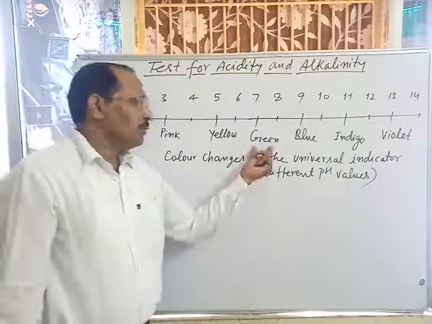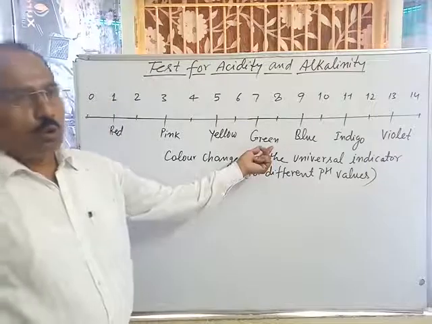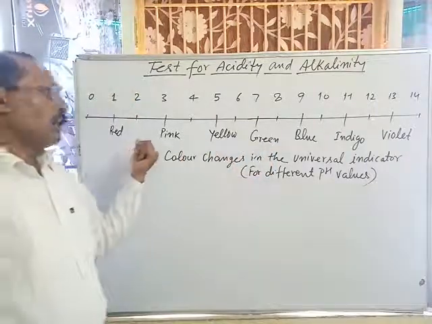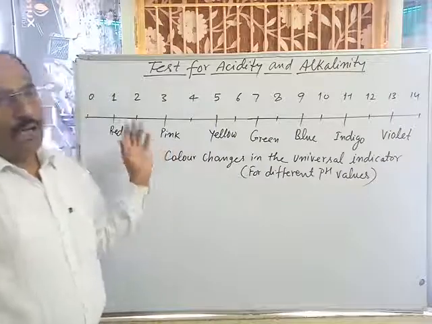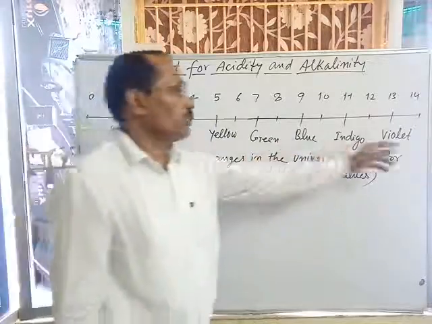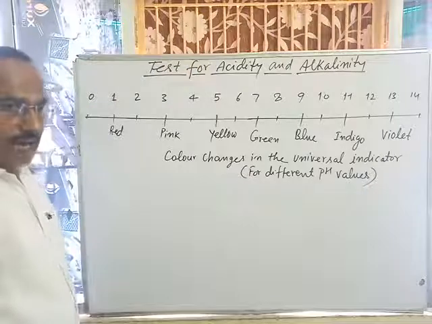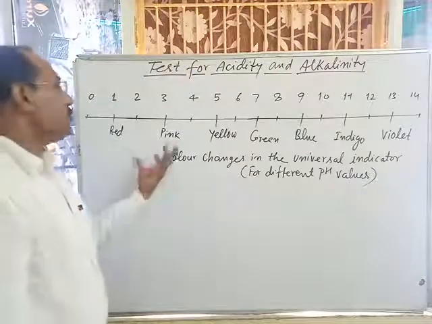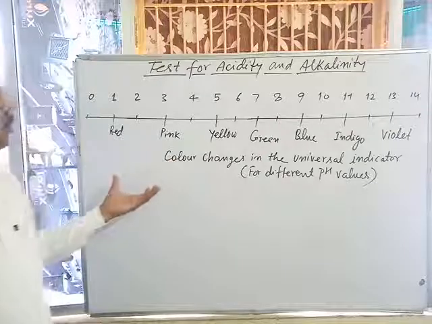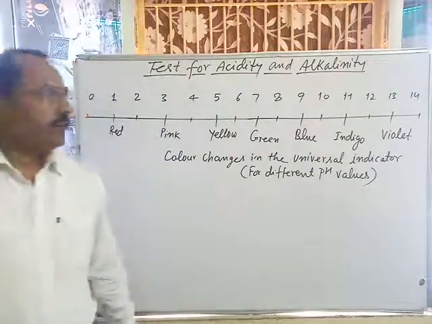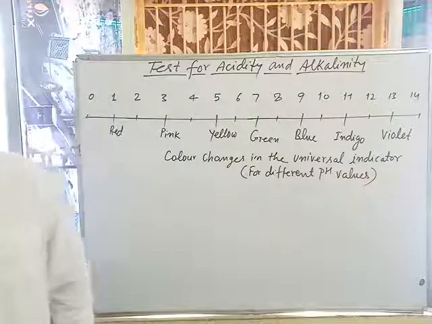In this solution, H ion concentration equals OH ion concentration; in acidic solutions, hydronium ion concentration is greater than hydroxide ion concentration; and in basic solutions, OH ion concentration is greater than hydronium ion concentration. This is the way used to test for acidity and alkalinity of acids and bases. That's all. Thank you.